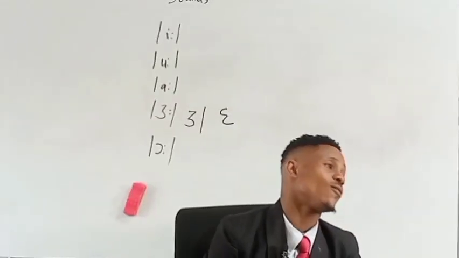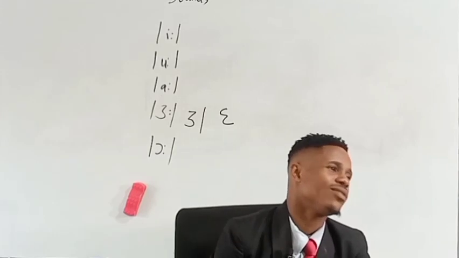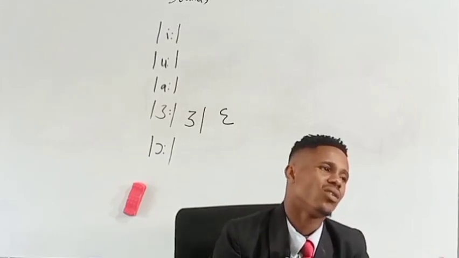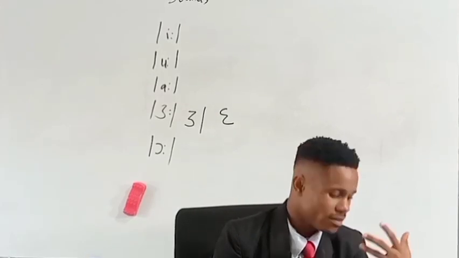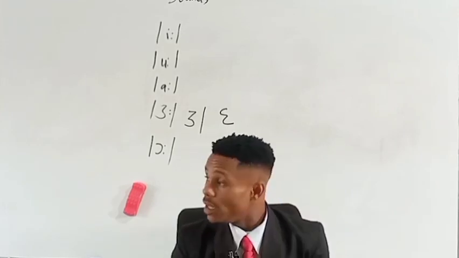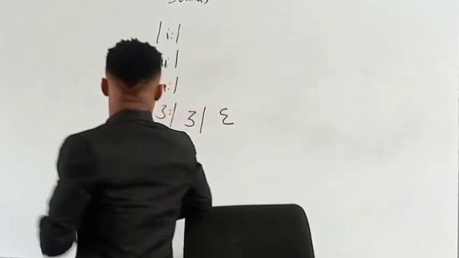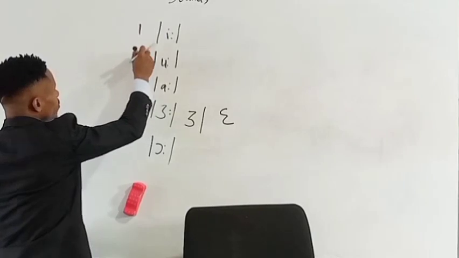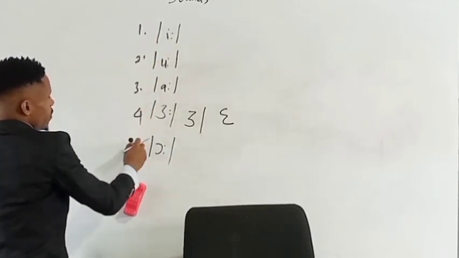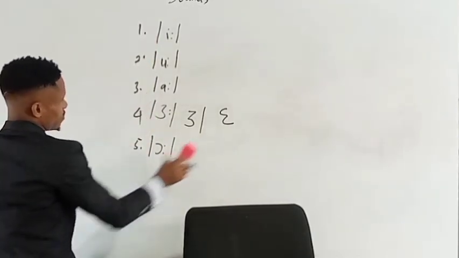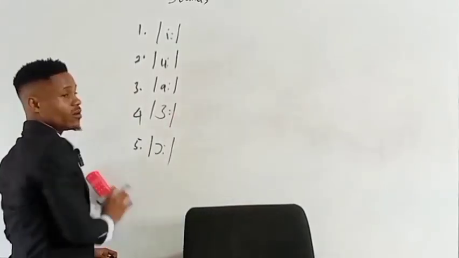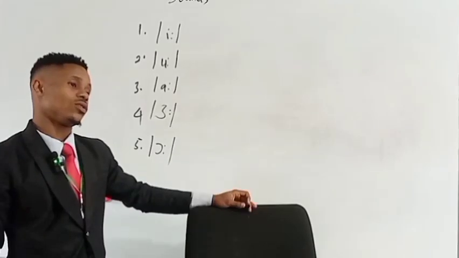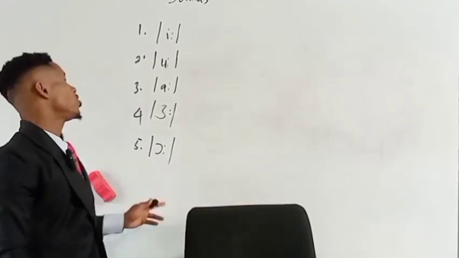Now, there are always some problems. How do I differentiate between this long and this short vowel? We are going to look into that. As we have five long vowels, we have seven short vowels. The short vowels are the ones you don't put a colon in front of.